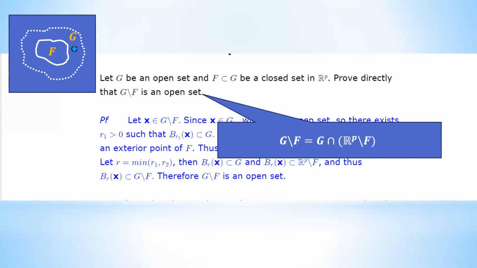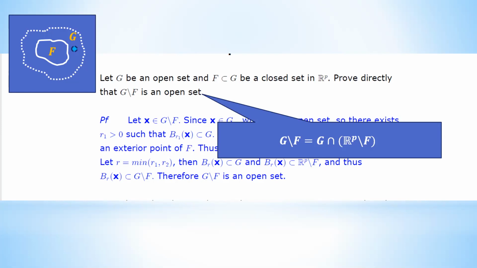Like for the first problem, you want to look at the difference set, G minus F. Now you can express G minus F as G intersect with R minus F. Now we are given that F is a closed set, so therefore the complement of F is open. So the right side is basically two open sets. Therefore the intersection is open. So this will immediately give you the result.